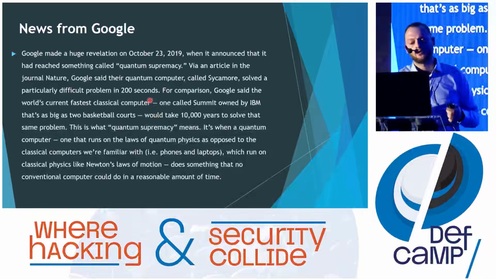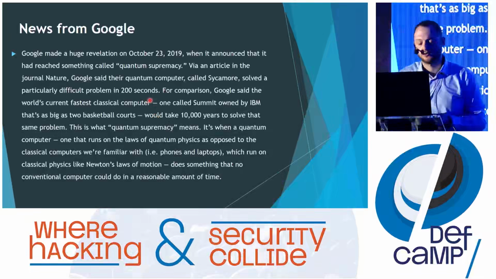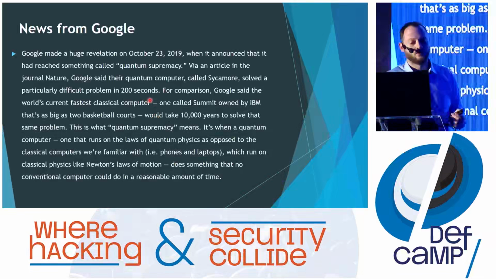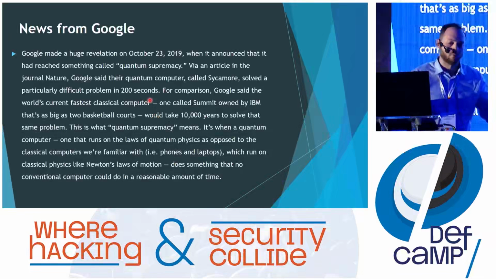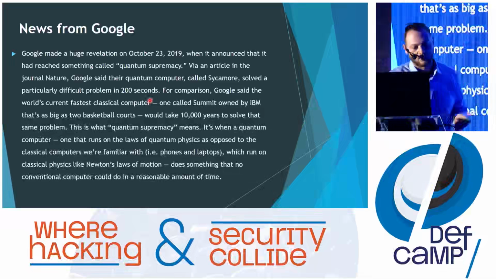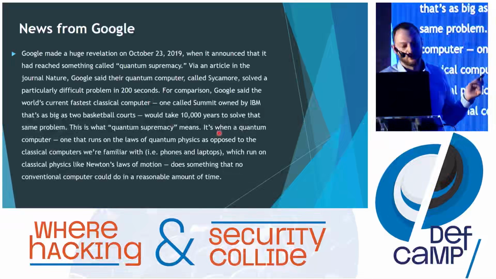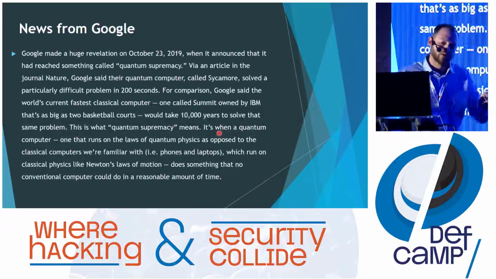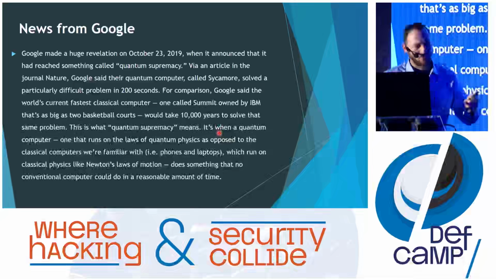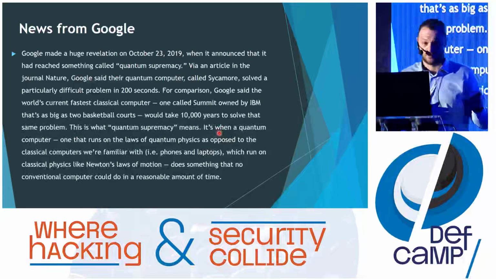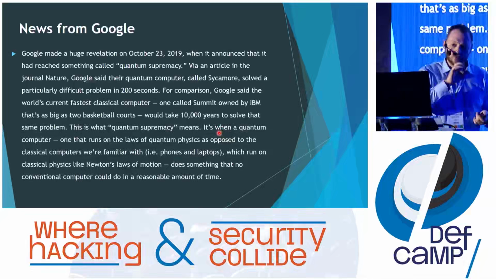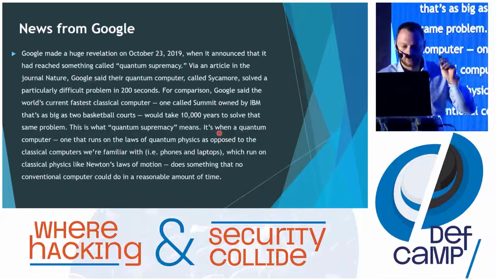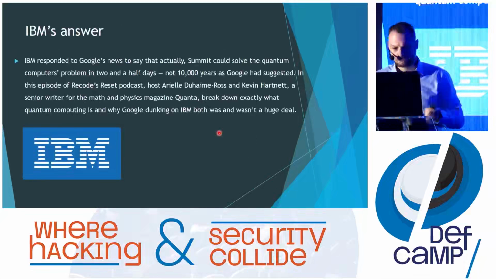When they compared it to the best classical computer, released by IBM, which is really big, like two basketball courts, they said that it would take 10,000 years. So they showed that the computer is really quantum and can do something interesting. And by the way, they concretely made a random number generator by means of it.